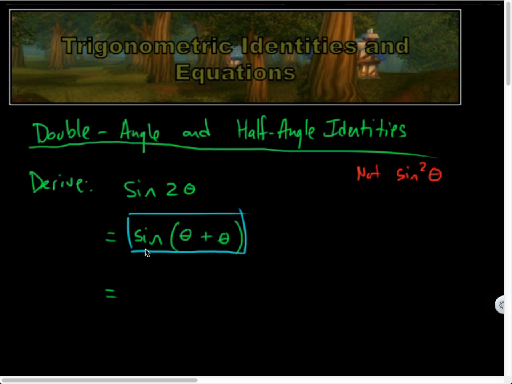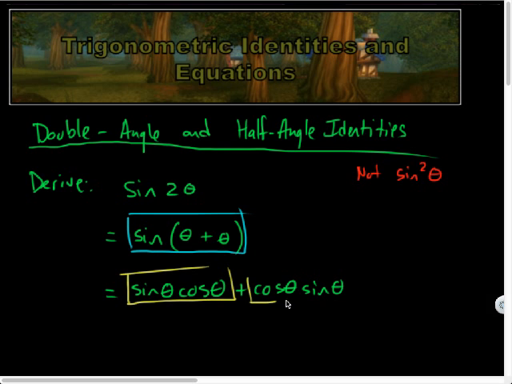I can replace that whole thing with the following. That's going to be sine theta cos theta. Let's see, is it plus or minus, friends? Plus, it matches for the sine one. And then cos theta sine theta, which you might realize those are like terms.